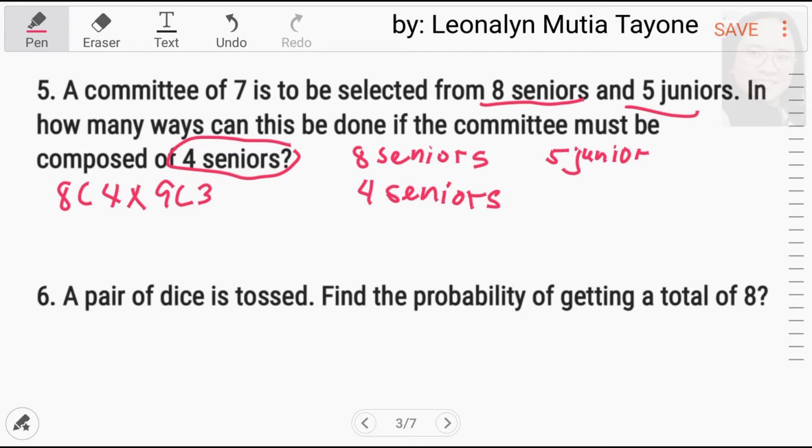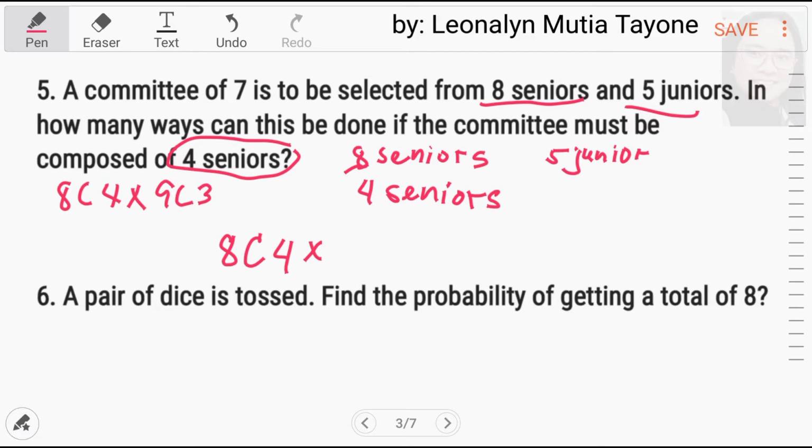So, yung unang combination natin ay 8C4. Yan yung una. At i-multiply natin sa given or yung question: the committee of 7 is selected from 8 seniors and 5 juniors. In how many ways can be done if the committee must be composed of 4 seniors?